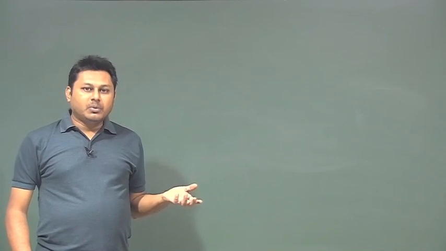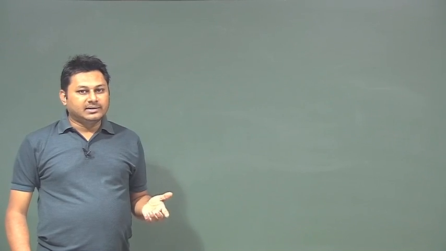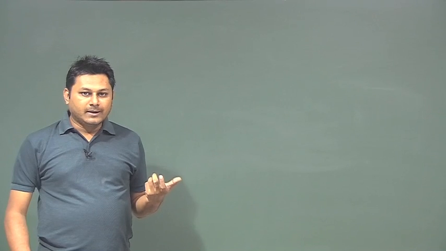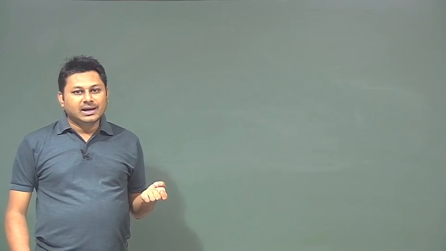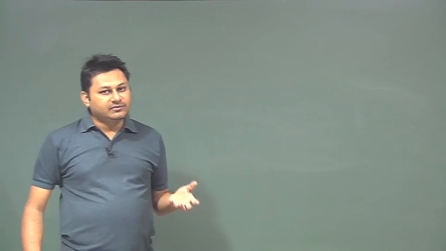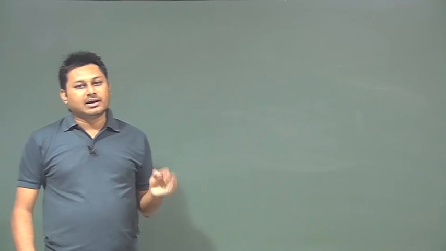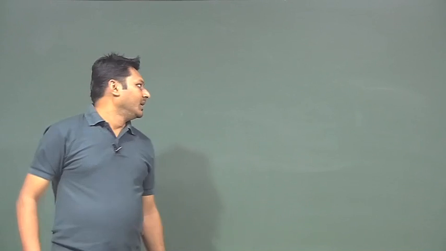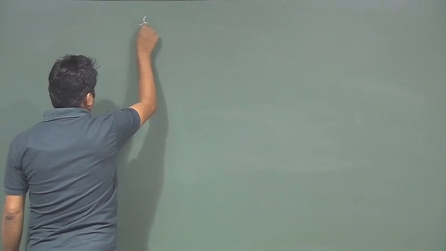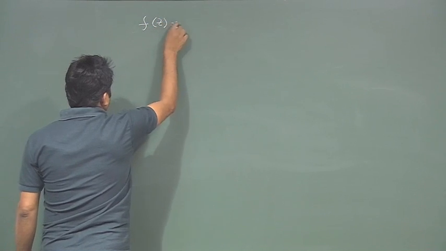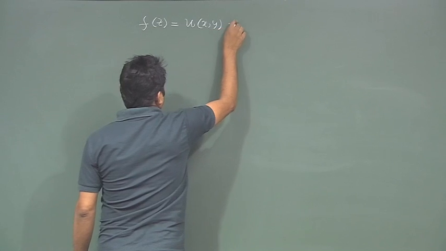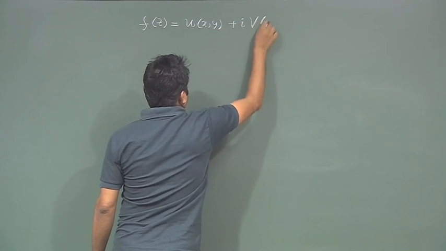Now another important thing is in your hand, that is the Cauchy-Riemann equation. Every time a function is given to you, you just apply the Cauchy-Riemann equation and try to find out whether this equation is satisfied or not. If it is satisfied, then you can say it is an analytic function, and so on. Regarding this Cauchy-Riemann equation, let me write it once again. f(z) is equal to u(x,y) plus i v(x,y).